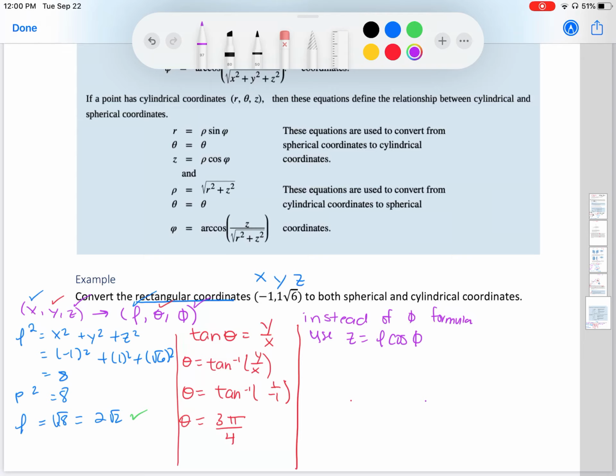We have z and we have rho, so we can use what we have to find our last missing piece. So z is equal to square root of 6. We have that value. Rho we found to be 2 square root of 2. I keep confusing rho and phi. So square root of 6 is 2 square root of 2 cosine of one unknown, which is phi. All right, so we go ahead and divide by 2 square root of 2, and we're left with phi is equal to cosine inverse of square root of 6 divided by 2 square root of 2, which gives us square root of 3 over 2.